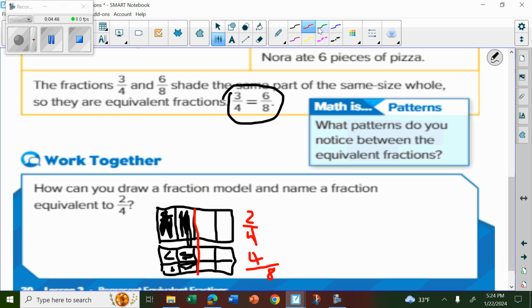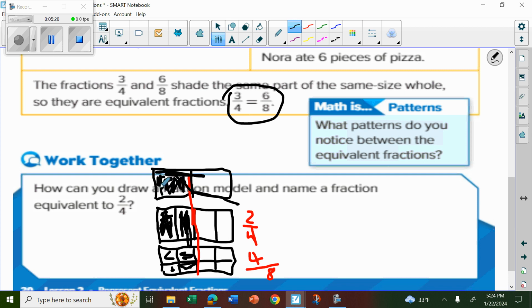Okay. Well, let's see what else we can do here. I'm going to draw another one right above it. What happens if I just mark it right there, the same line that's going down here, and I just shade one of those?